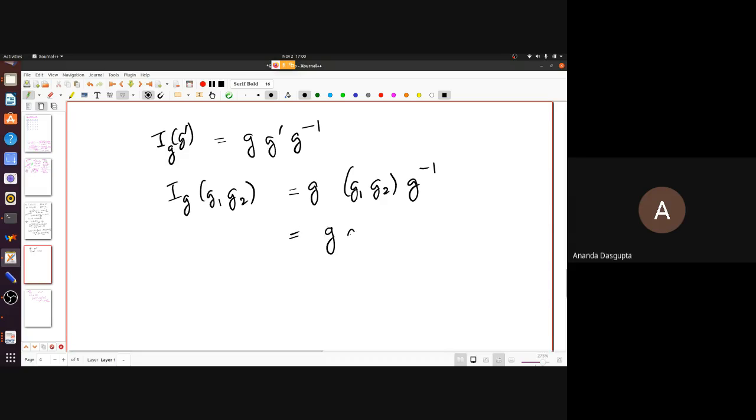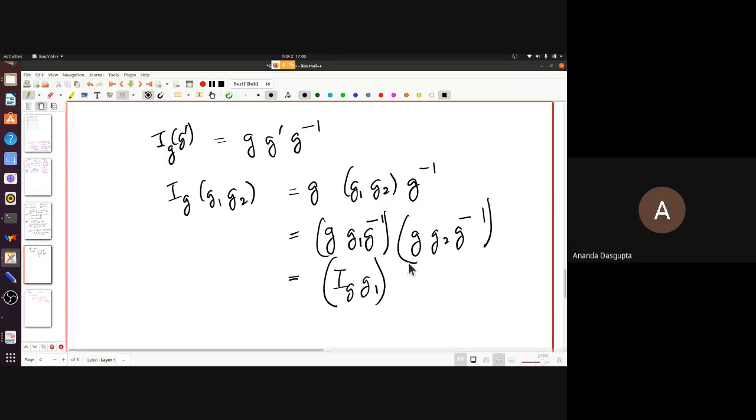Now this is something which should be very familiar to all of you from what you have done with matrices and similarity transformation matrices. You must have done this before. But you can do it whenever you have associativity and inverses, right? You don't need matrices for this. But what is this? This is Ig g1. And this is Ig g2. So Ig acting on g1 g2 is Ig acting on g1 times Ig acting on g2.